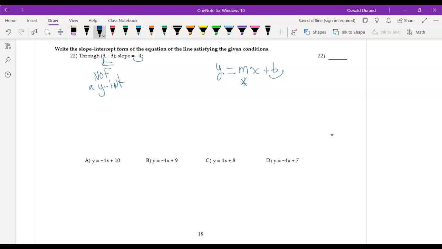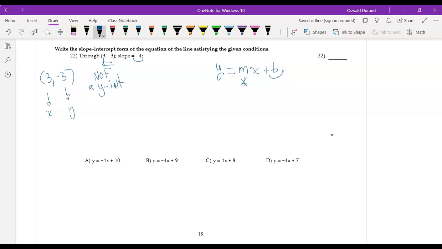Because the slope is the slope. But the point here is really representative of all the x and y coordinates, right? So (3, -3) represents what? X and y. And do we have those variables in that equation?